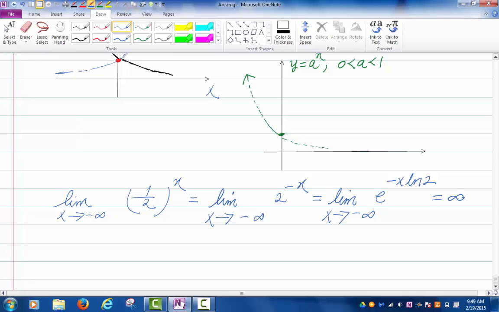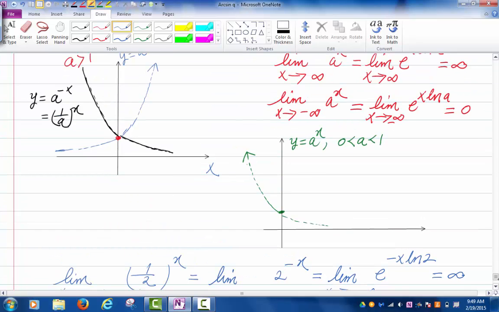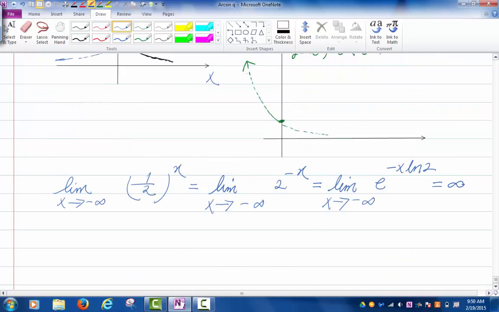All right. Let me ask you a couple of questions here. Look at the pictures here. If I ask you, what's the limit as x goes to infinity of a to the x when a is between 0 and 1, what did you say? Zero, because that's the second picture. And if I say what's the limit of a to the x as x goes to negative infinity when a is bigger than 1? 0 again, right? That's the blue curve.